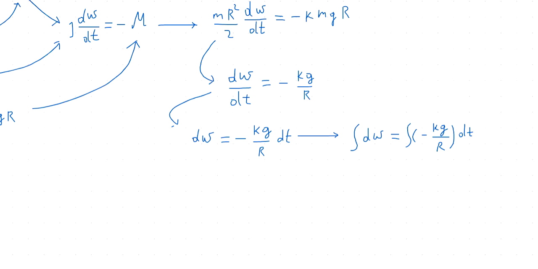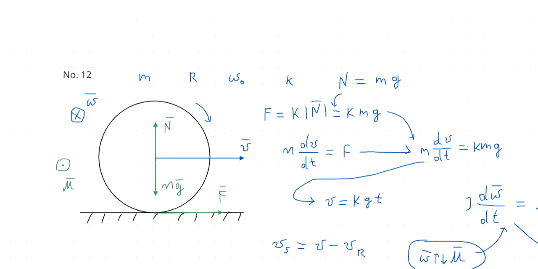With time, the situation is the same as previous. So we have from 0 to t, and with angular velocity omega, the situation is a little bit different because according to the condition, we have initial angular velocity that is not equal to 0.